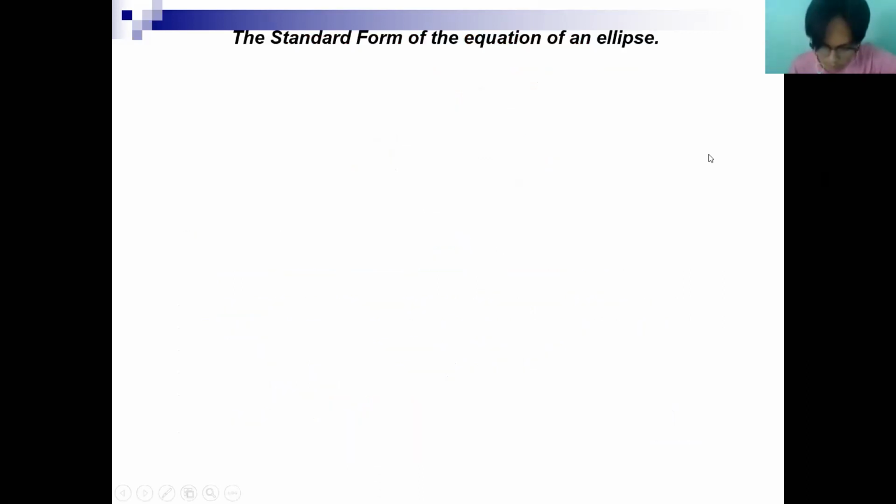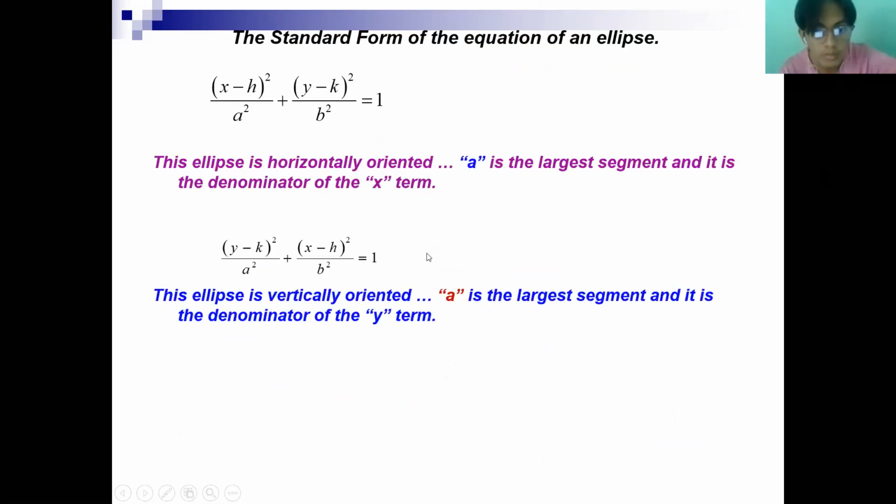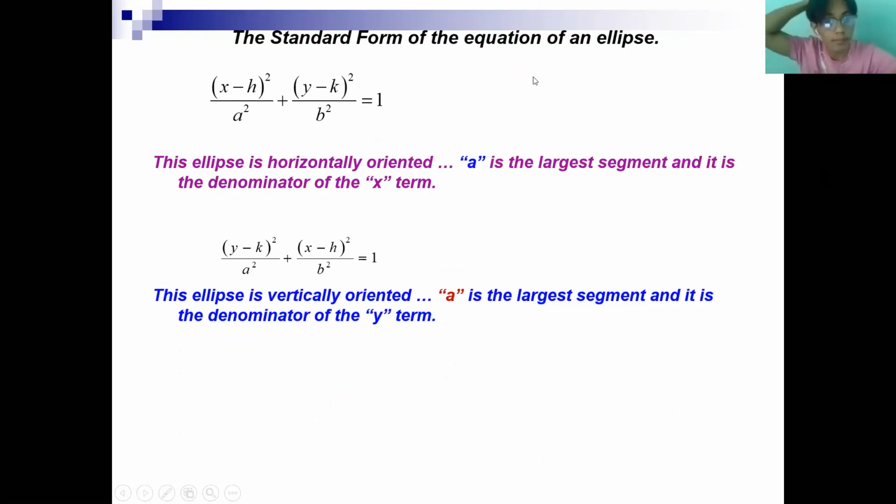So the standard form of the equation of the ellipse is this one. x minus h quantity squared all over a squared plus y minus k quantity squared all over b squared equals 1. Wherein, if your equation is like this, the center is not in the origin.